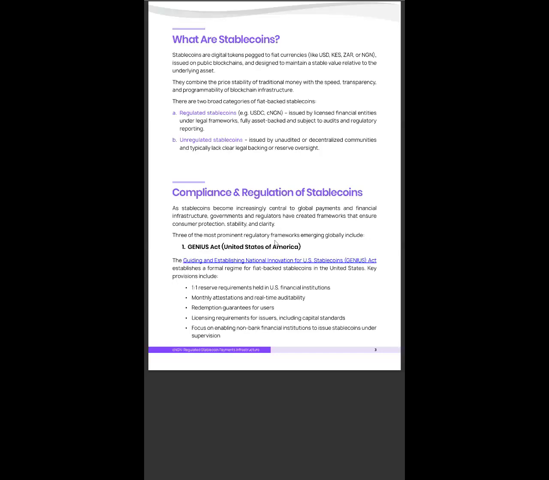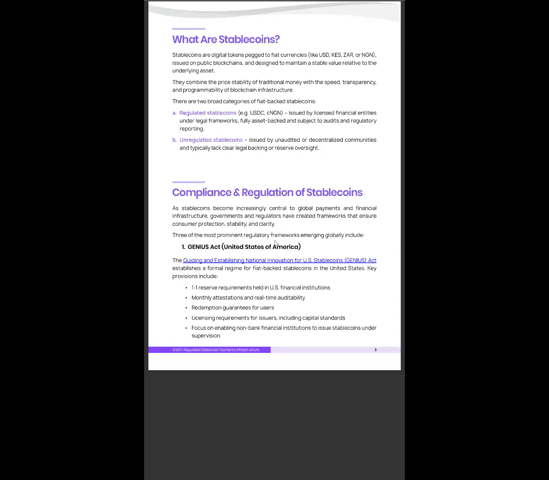So on compliance and regulation of stablecoins: as stablecoins become increasingly central to global payments, because they are, stablecoins are currently processing trillions and trillions of dollars of payments globally, right?